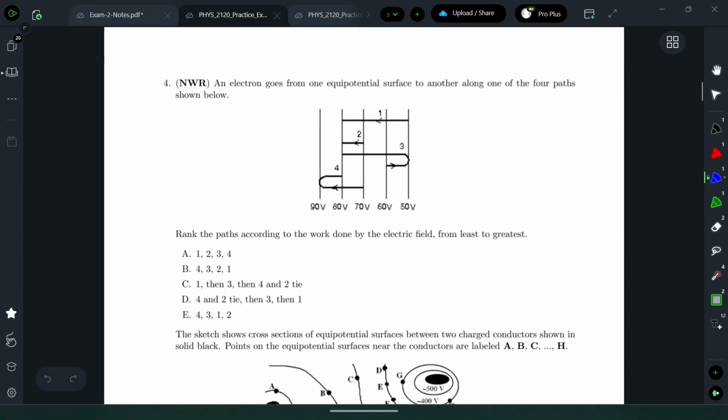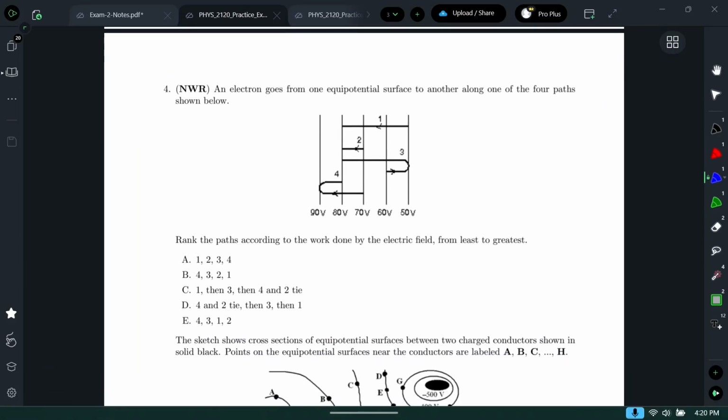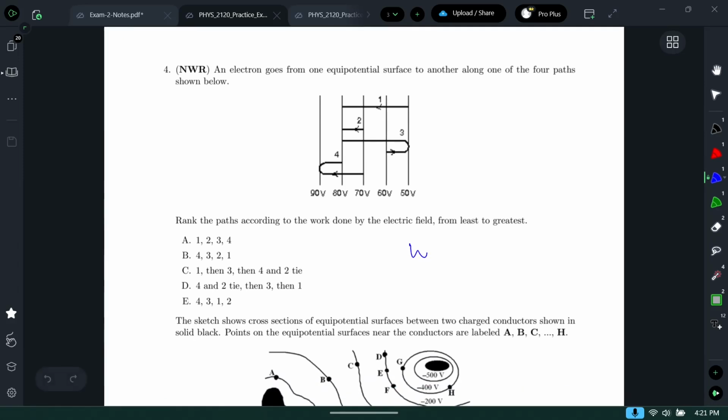So the guiding idea here is you could either just plug and chug, where the work done between 2 points is negative the charge times the change in potential. But I think it's more intuitive to look at what the electron is doing as far as going uphill or downhill, and then say, is that going to speed it up or slow it down?